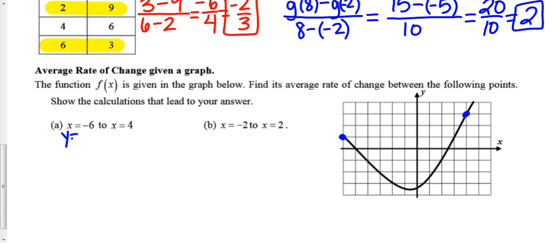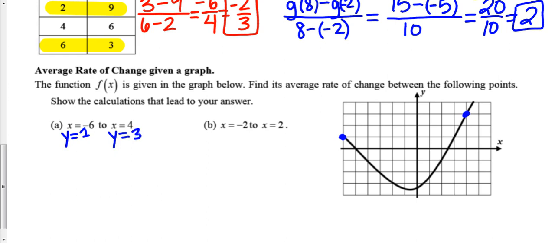For x equals negative 6, my y coordinate is positive 1. And for 4, my y coordinate is positive 3.